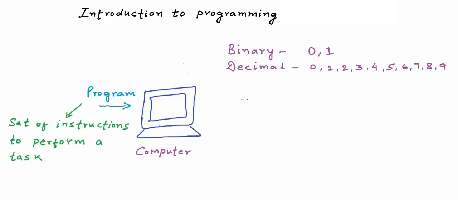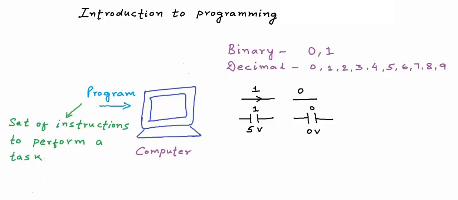For example, if current is flowing through some wire, we can say that it's a 1, and if current is not flowing, we can say that it's a 0.